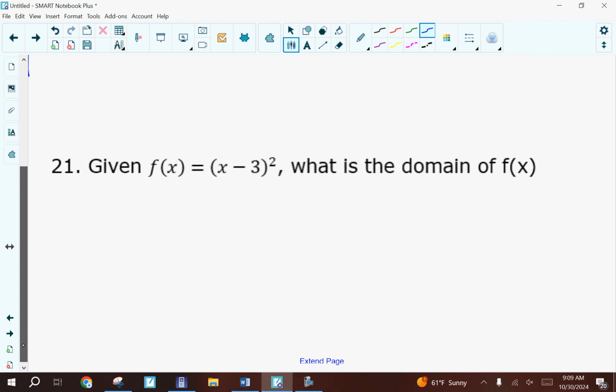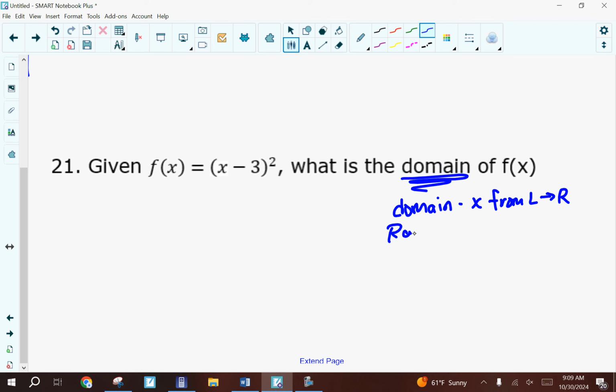Okay, now the final question. The final question says, given f of x is equal to x minus 3 squared, what is the domain of f of x? So you have to know what domain is. When it comes to domain and range, the domain is going to be your x values. So x I'm going to put from left to right. Range is the opposite.